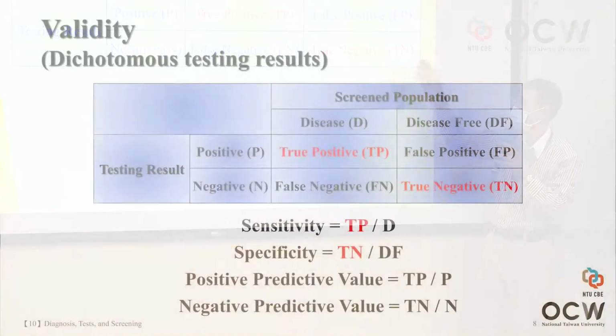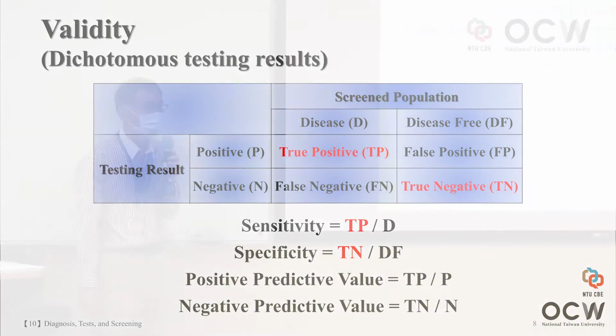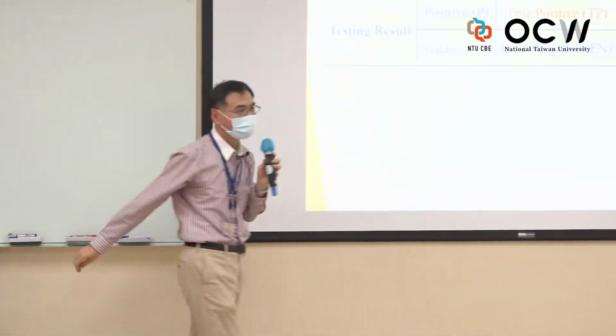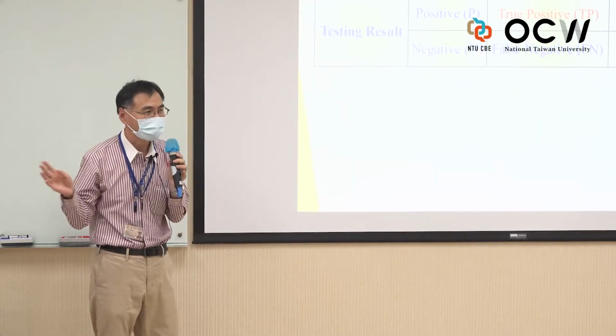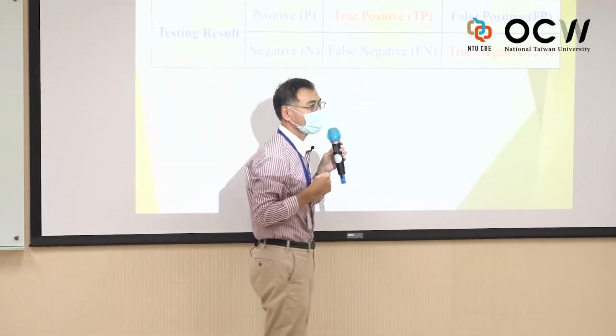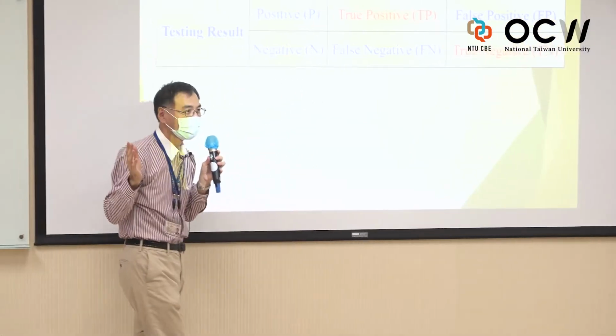Okay, that's how we define the four categories in the 2x2 table. Okay, that's the true value, and here's the test outcome. Okay. In a perfect situation, all the ones with the disease are tested positive, and all the ones without disease test negative. Perfect. Okay?